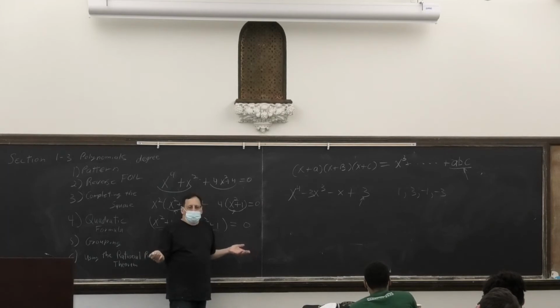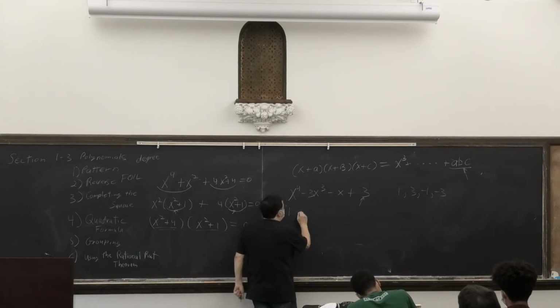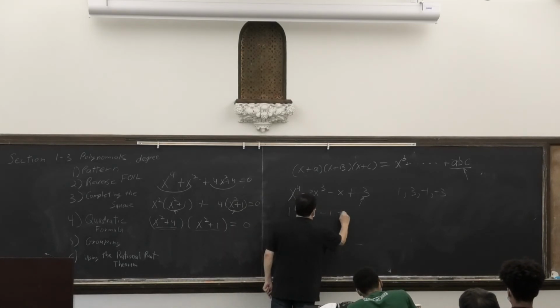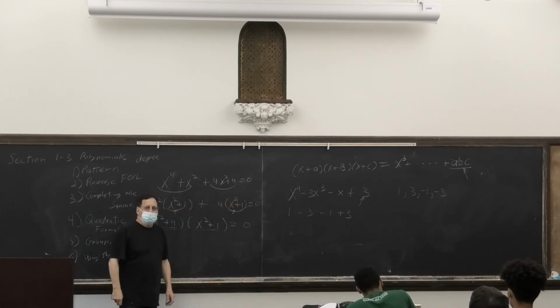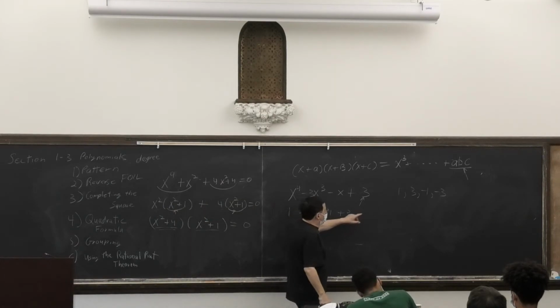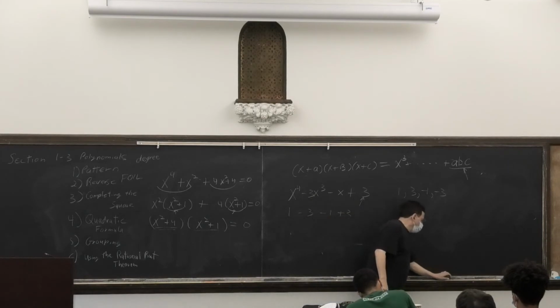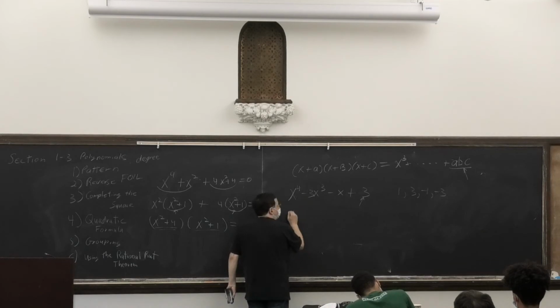Let's see if any of these are roots. And let's start with the easy ones. Let's plug in 1. 1 minus 3 minus 1 plus 3. Oh my gosh, hit it right off. I got lucky. See, this is 0, right? That means 1 is a root. So that tells me x minus 1 is a factor.